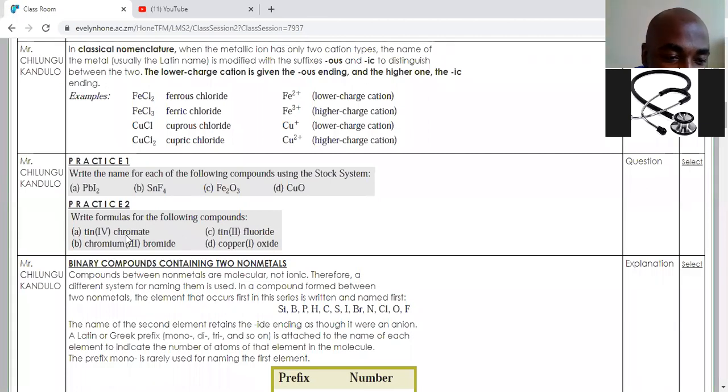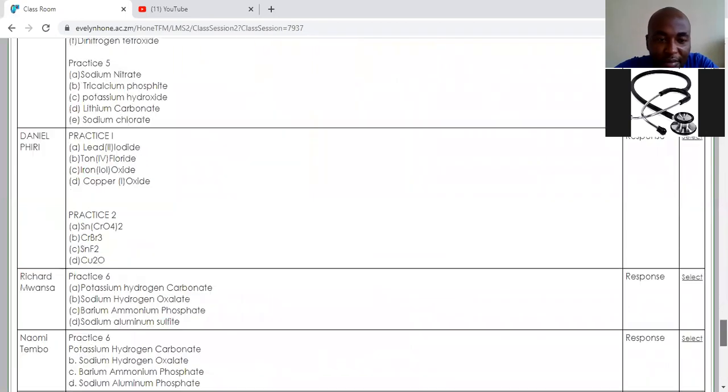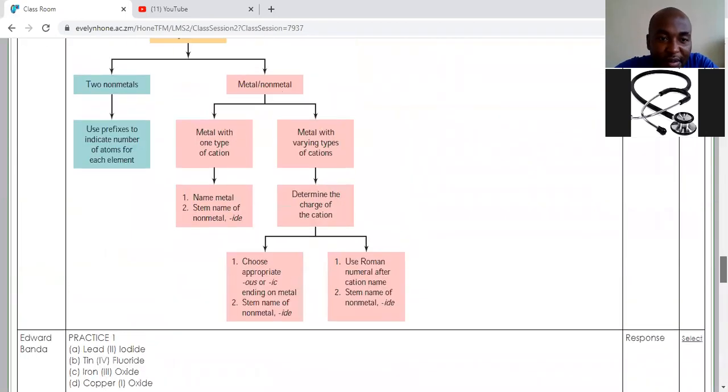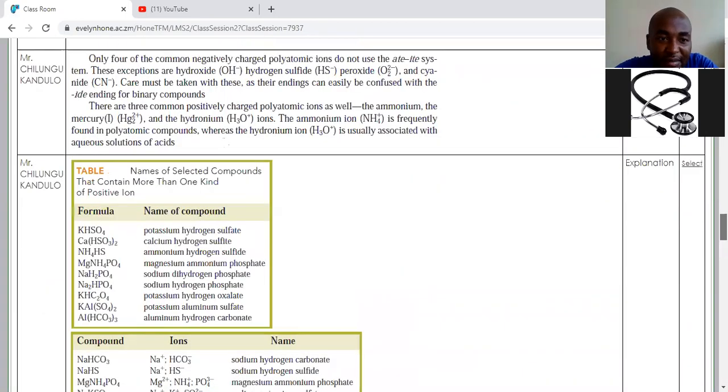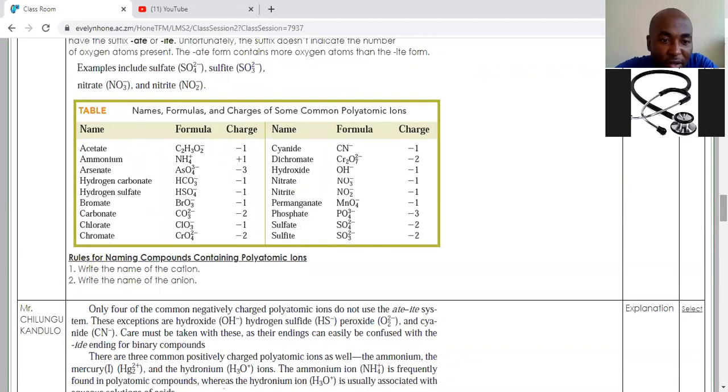So go and check the charges, you work these things out. So the chromate ion, you should know the charges. So for the chromate it is CrO4 2-.